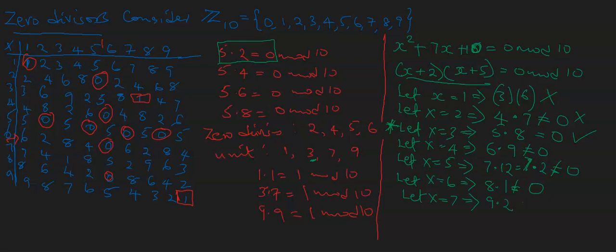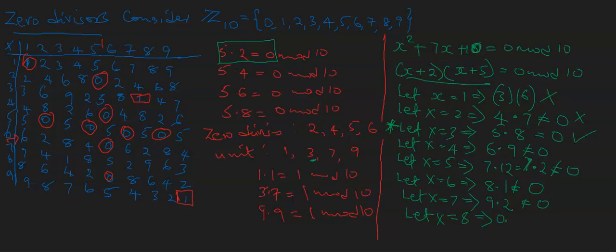And 9 times 2, again, this one is not equal to 0 mod 10. Then 8, we shall have 8 plus 2 is 10, so we have 0.